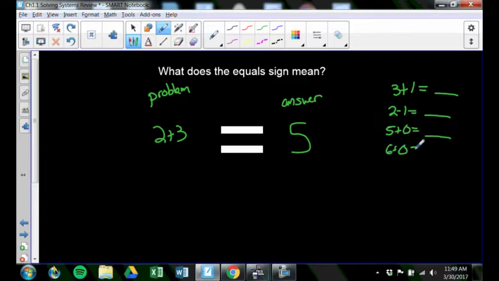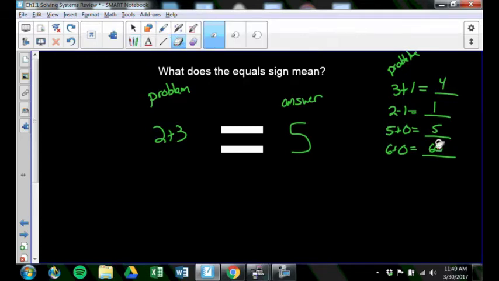And always be like 6 plus something equals blank. So you would view the left side as the problem. The problem is 3 plus 1. And the right side is the answer. 3 plus 1 is 4, 2 minus 1 is 1, 5 plus 0 is 5, and 6 plus 0 is 60. And I'm joking, I know it's 6.